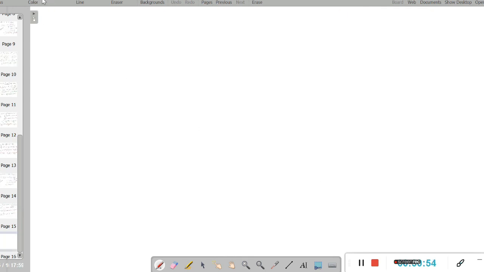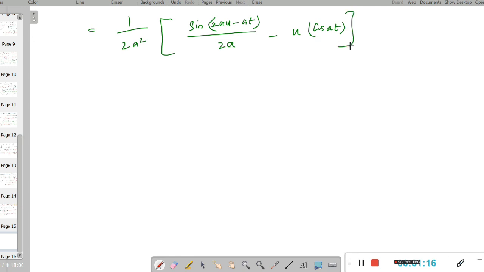If you integrate, you may get 1 by 2a square, sine, if you integrate cos you get sine of (2au minus at), and you have to differentiate the angle and divide. So 2a, you may get minus u into cos at, integral over 0 to t. Try to substitute the upper and lower limits.